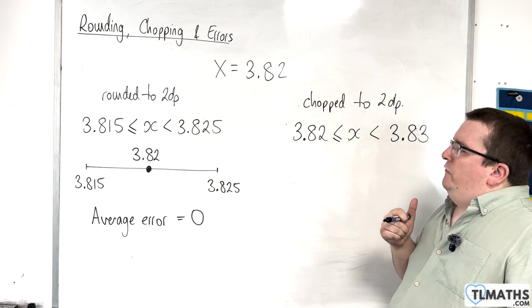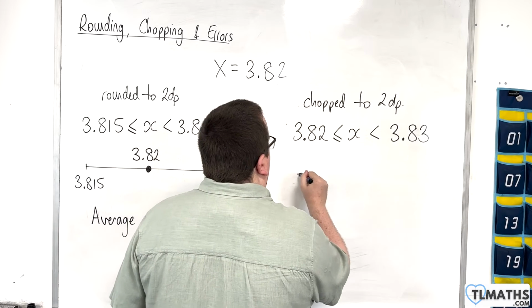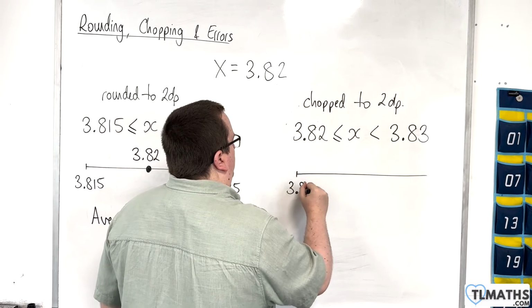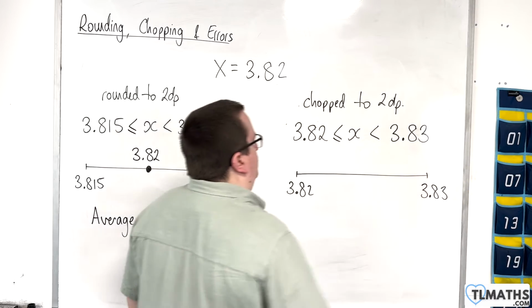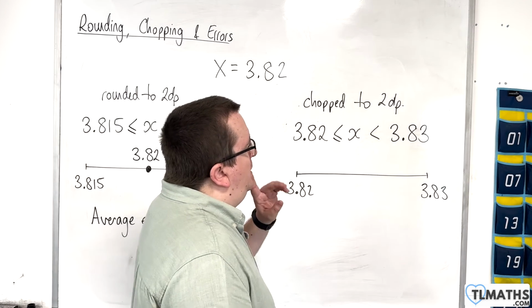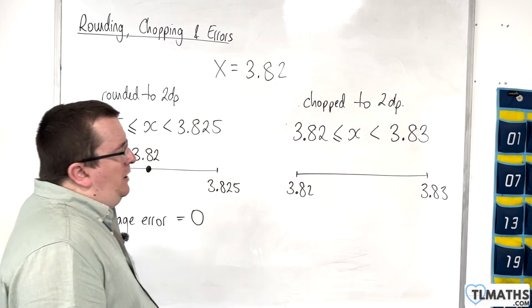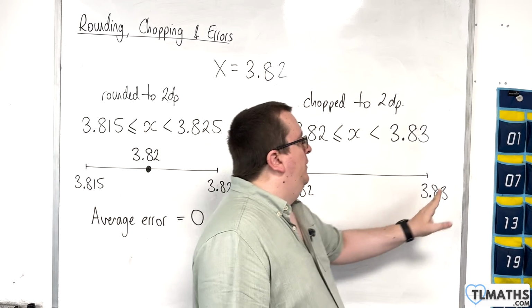But what if we've chopped it? Let's have a look at a number line. So here's 3.82 and here's 3.83. Now, if the number has been chopped to 2 decimal places, then it must be greater than or equal to 3.82, but less than 3.83.